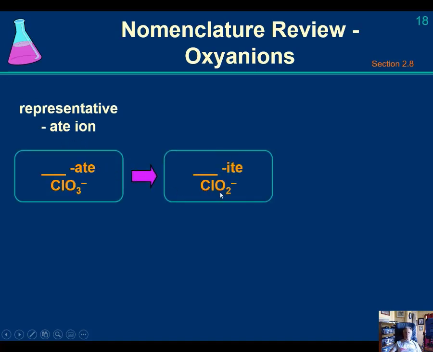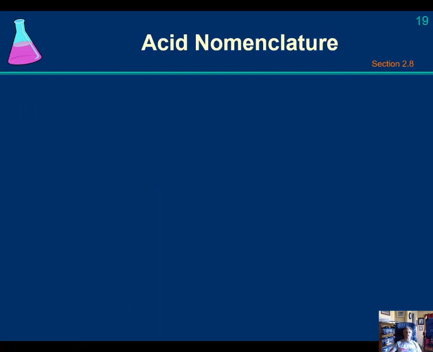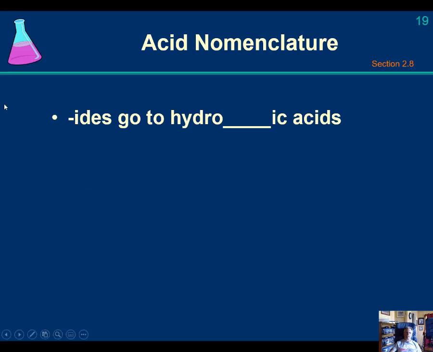If we went to one less oxygen, we went to ITE, and then one fewer oxygen, we went to hypo-ite. And then if we added an oxygen to the ATE, we went to per-ate. So that's just a review of what we did in Chapter 2 with regard to naming ionic compounds with polyatomic anions. All right, so we're going to apply that to our acids and what we call acid nomenclature.